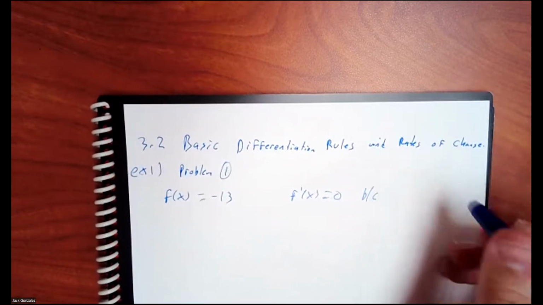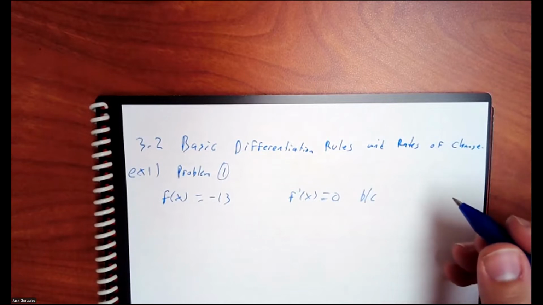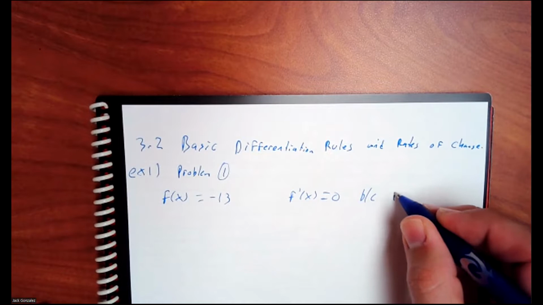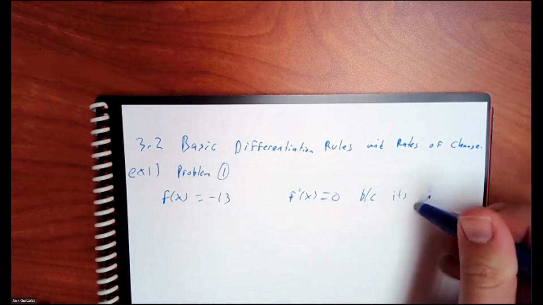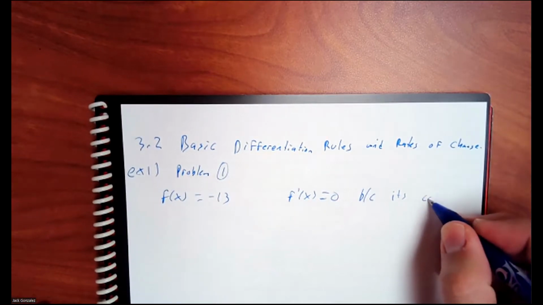So I'm just going to write it down real quick. If f is negative 13, f prime is equal to 0 because it's constant.